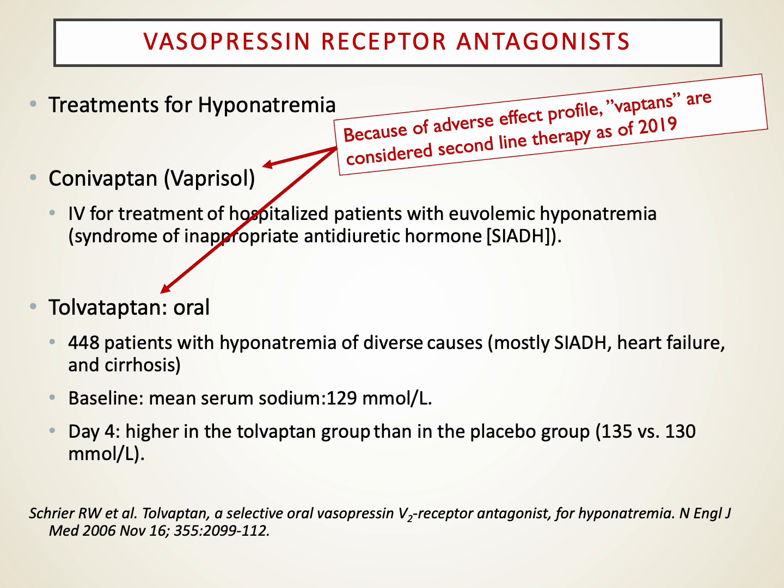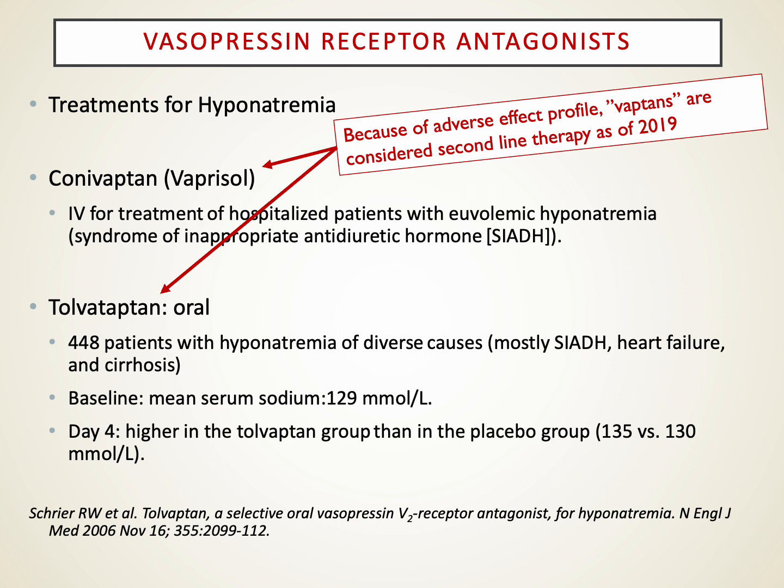The vasopressin antagonists, they work. We have conivaptan and tolvaptan, conivaptan as an IV formulation, tolvaptan as an oral, and they'll work. They are treatments for hyponatremia associated with SIADH.